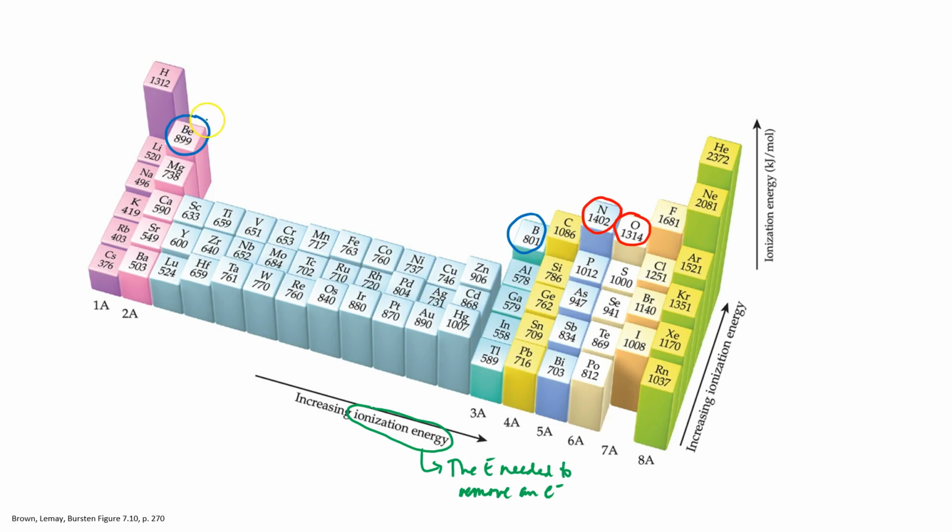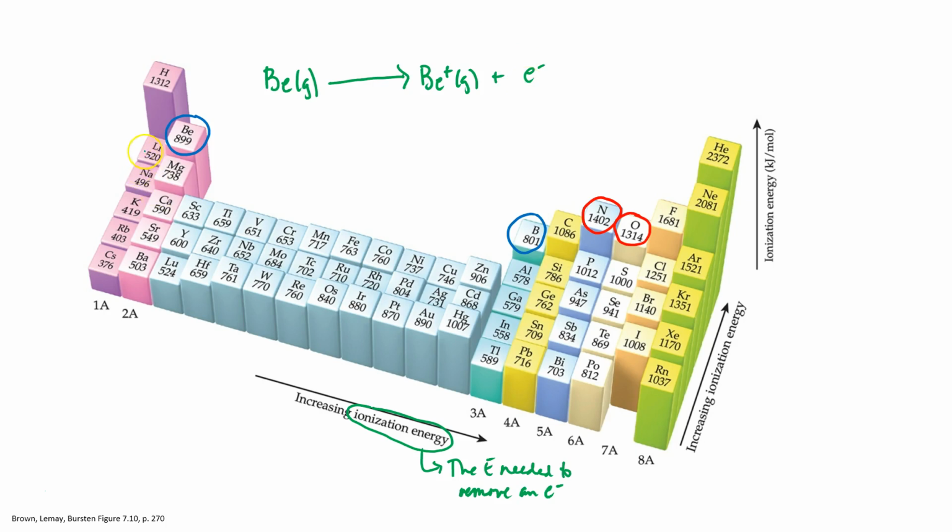So to write an equation for the ionization energy for beryllium, we would have beryllium in the gas phase, and we would be creating this beryllium ion and an electron. So how much energy is needed to remove an electron? That's what we mean by ionization energy.